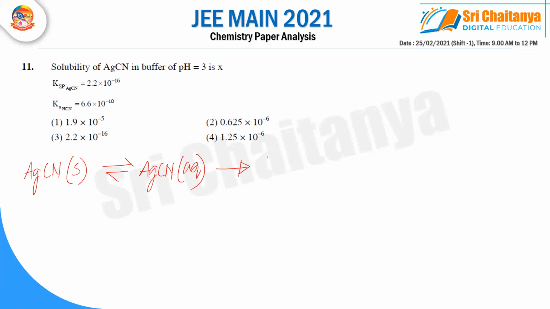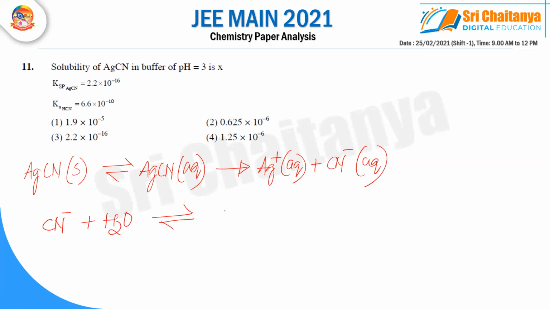CN minus is a derivative of a weak acid and therefore it is going to undergo hydrolysis. That means what? CN minus is further going to react with the water present in the medium and it is going to give you HCN plus OH minus. That means it is going to display its basic behavior.